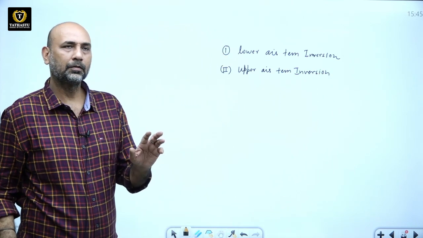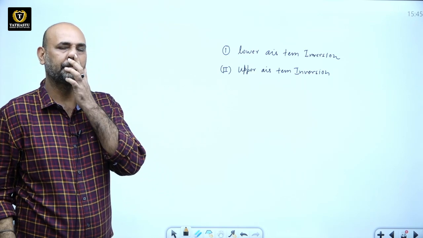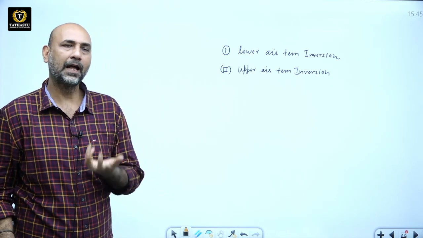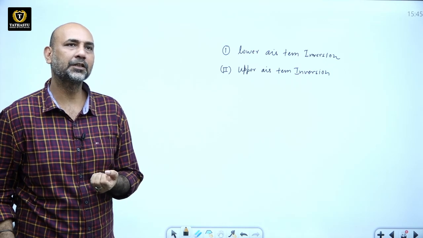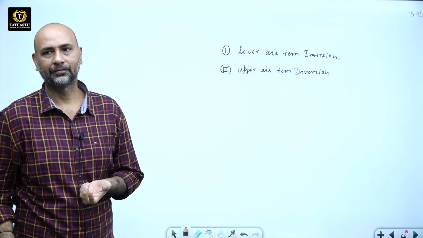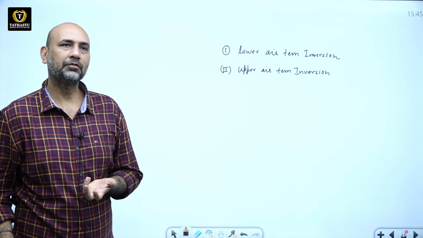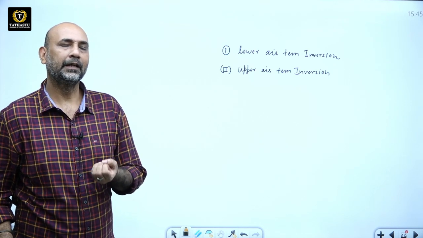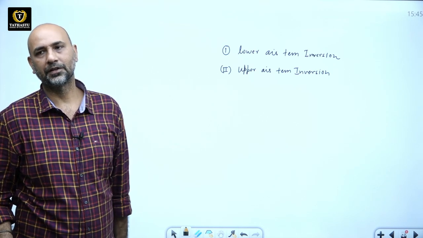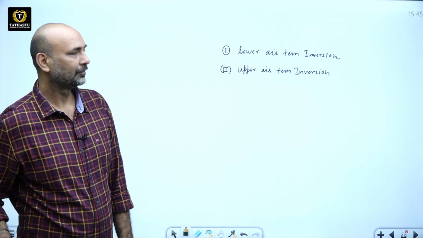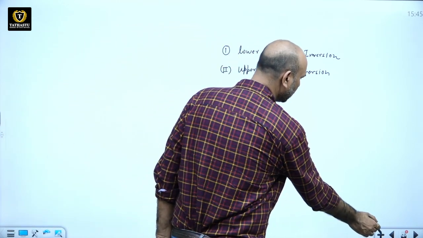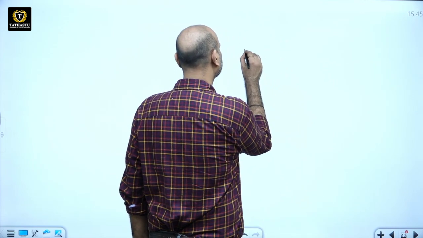These are the most important types of temperature inversion. What is the normal situation? Temperature declines with altitude. What we need to explain: surface and atmospheric conditions producing increase in temperature with altitude. First situation I am taking is lower air temperature inversion.